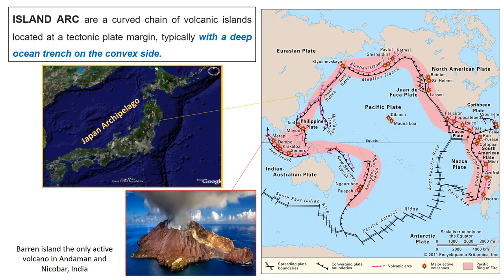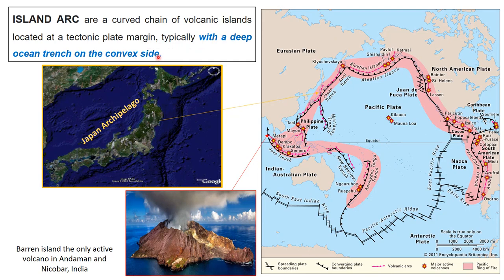Island arcs are a curved chain of volcanic islands located at a tectonic plate margin, a convergent plate margin. Why? Because they are typically associated with a deep ocean trench on the convex side.